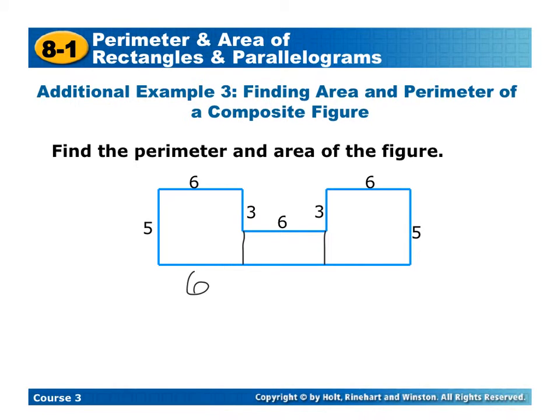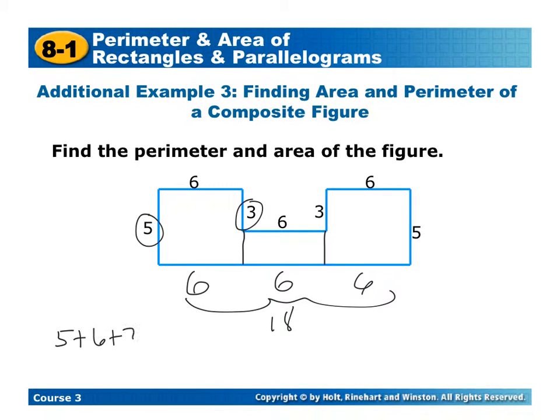This one is going to be 6 by 2, and I made that because this I know is 3 and this is 5, so the difference would be 2. But if that side's 6, then the bottom is 6, and same thing here. So all together, our bottom's going to be 18. So I'm going to go ahead and add up all those sides. So I have 5 plus 6 plus 3 plus 6 plus 3 plus 6 plus 5 plus 18.